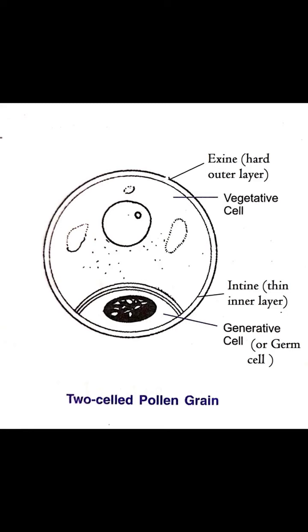After that it possesses two types of cells. The one is the vegetative cell and this one is the germ cell. Vegetative cells are also known as tube cells, and these germ cells give rise to two male gametes or the sperm cells. Now you are well known about the pollen grain, its structure and the basic structure of a flower.